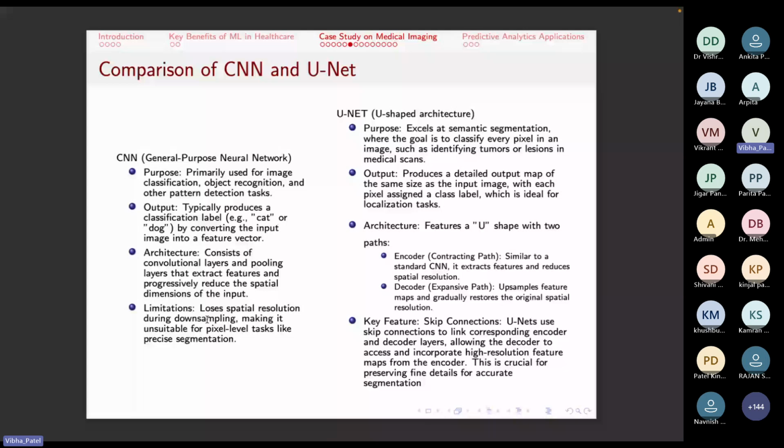We can provide the features extracted by CNN to a UNet architecture and use the UNet model to identify the location where this tumor exists and what is the category of this tumor. So if we ask UNet to perform the task of segmentation and identification of the location where this tumor exists, then this task could be done in a proper way.